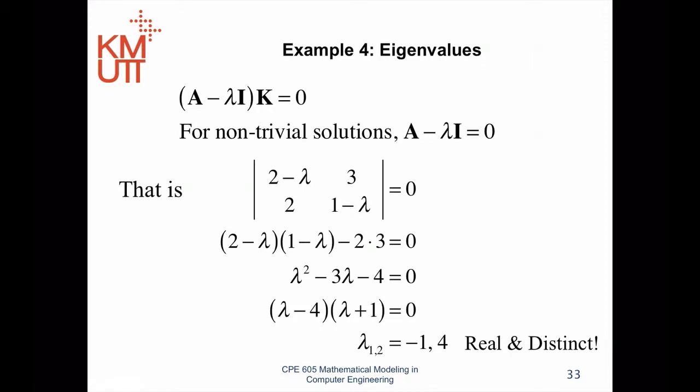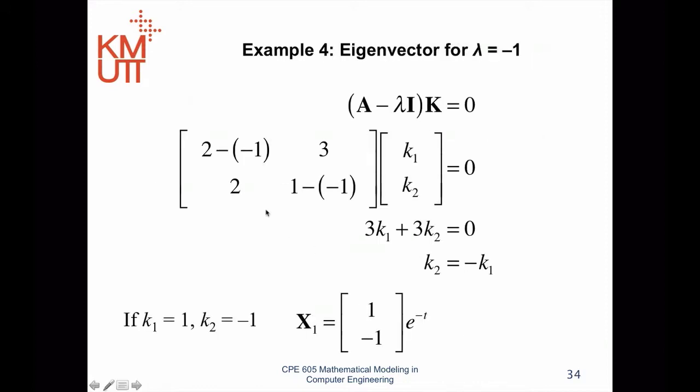So we will then determine the eigenvector corresponding to each of these eigenvalues. We will first substitute lambda equals minus 1 into this equation, (A minus lambda I) k equals 0. So we have this is 2 minus minus 1, which is plus 1, this is 3 and 3, and k1 and k2.